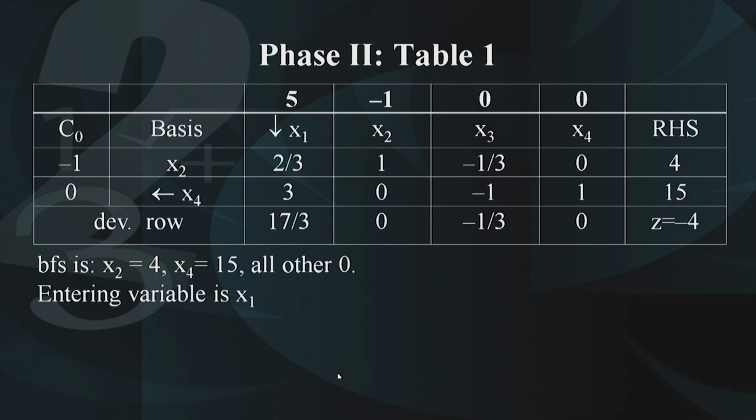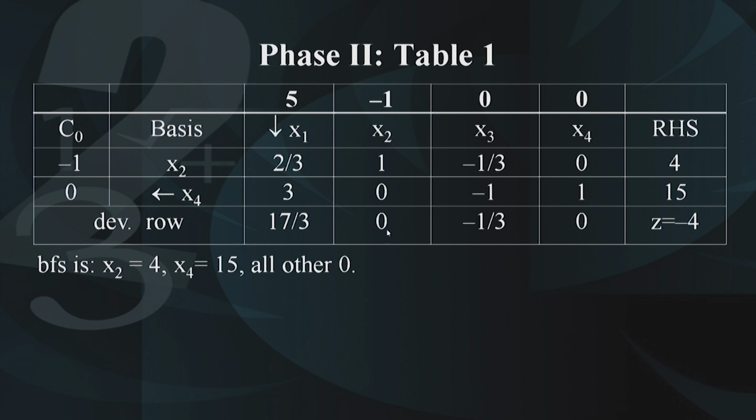So, let us calculate the deviation rows, and we find that the deviation rows are as follows: 5 minus (1, 0) multiplied by (2 by 3, 3), which turns out to be 17 by 3, then minus 1 multiplied by minus 1, 0 multiplied by 1, 0, which comes out to be 0.